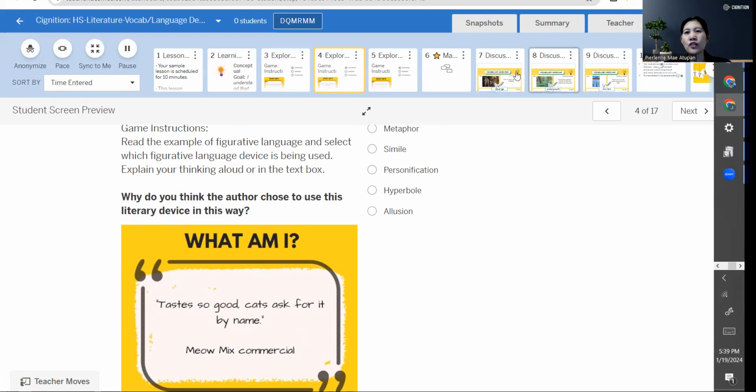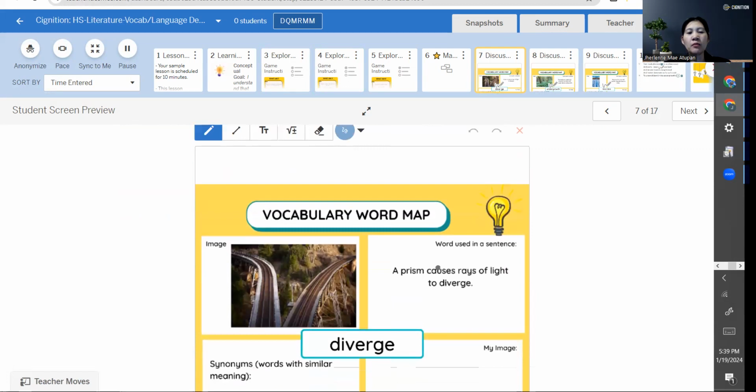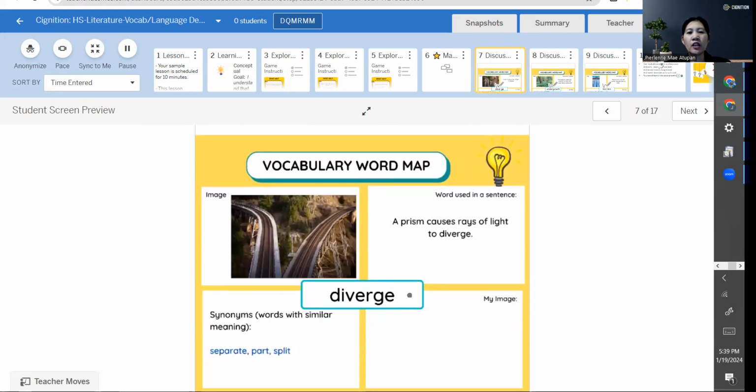For discussion's sake, today we're going to learn about the vocabulary. Diverge means separate, part, or split. Just like this picture here, the road has been shown as a diverging road. You can also see a prism causes rays of light to diverge.